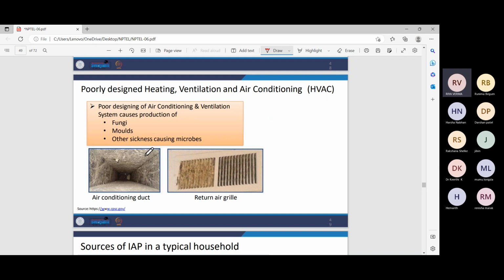You must have observed this in some places where there are centralized AC systems and the AC ducts are not properly cleaned or maintained. You tend to notice that if you enter some spaces, there is a smell of moisture, or some kind of development of fungus. You tend to have a strong smell just by entering those micro-environments. So that is due to poorly designed HVAC systems.